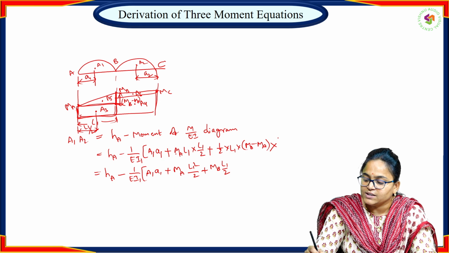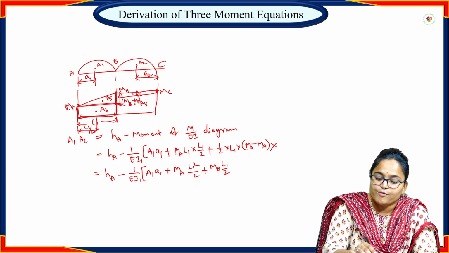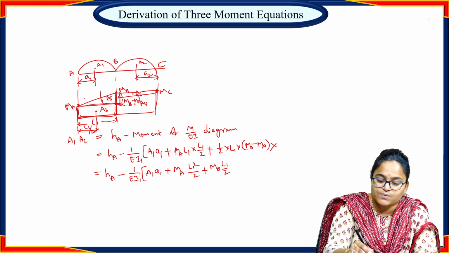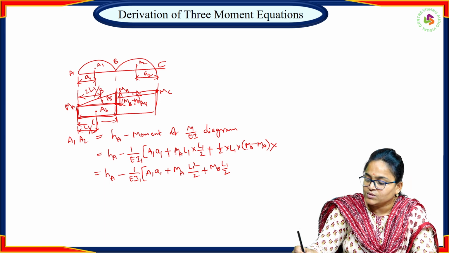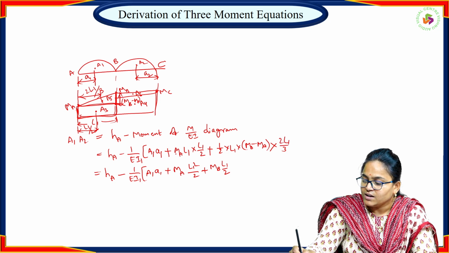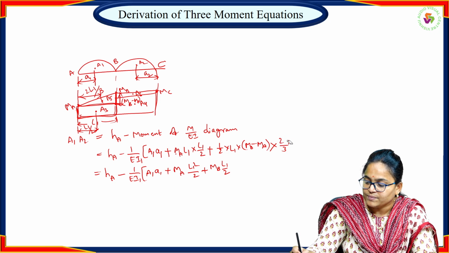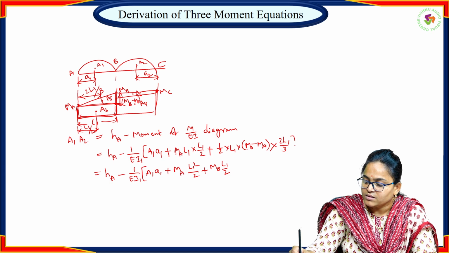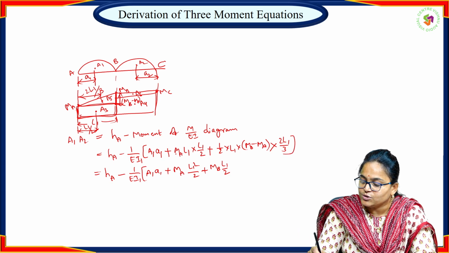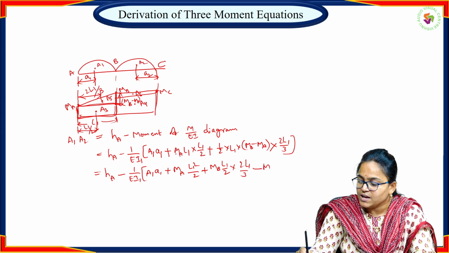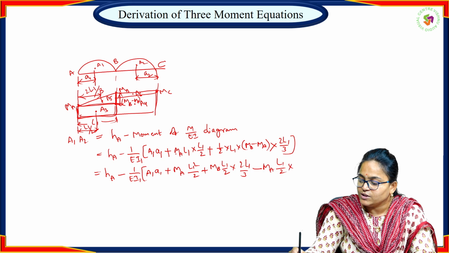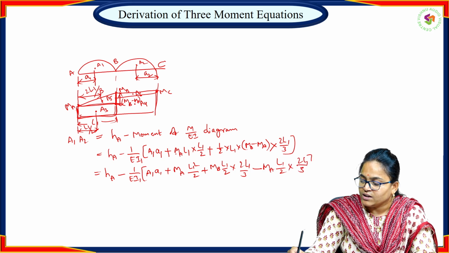Here we have to write the CG of this triangle from support A. From the apex point, this is 2L1 by 3. This is L1. Now we can write MB into L1 by 2 into 2L1 by 3 minus MA into L1 by 2 into 2L1 by 3.